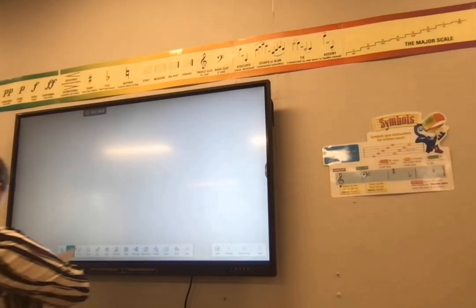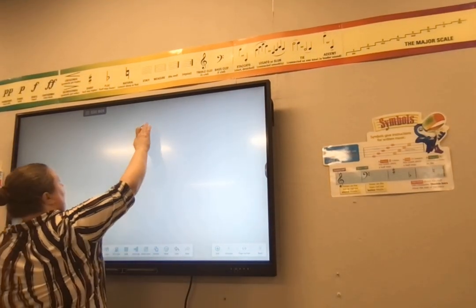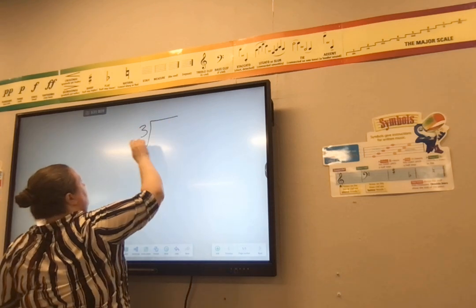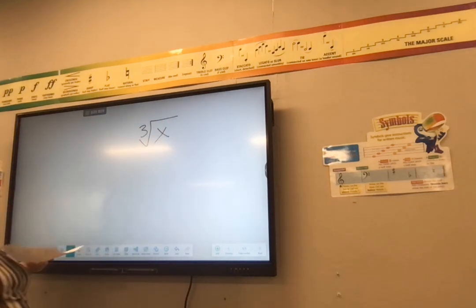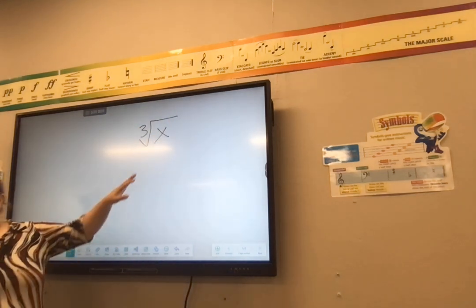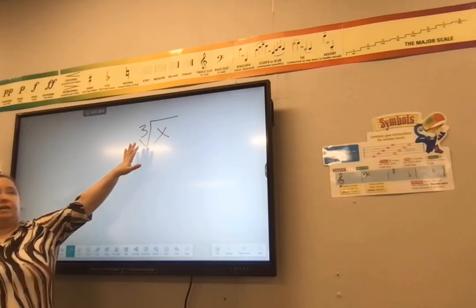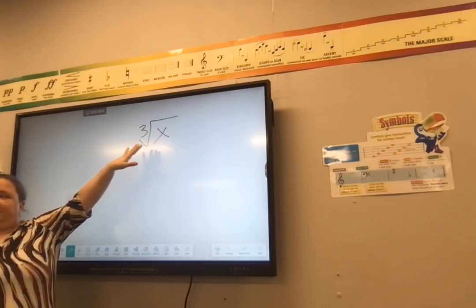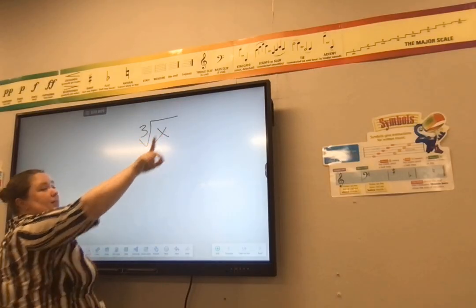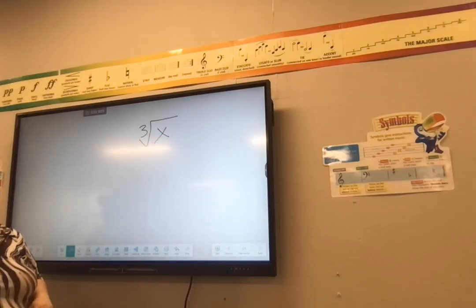Later, when you get to using variables, you're going to see the cube root of whatever number, cubed. Now, just for fun, how would I simplify this so that it's just an x? How would I get rid of this cube if I was simplifying it to the other side of the equation?